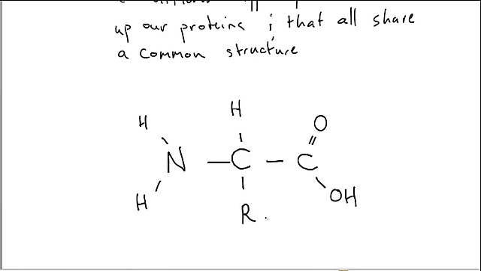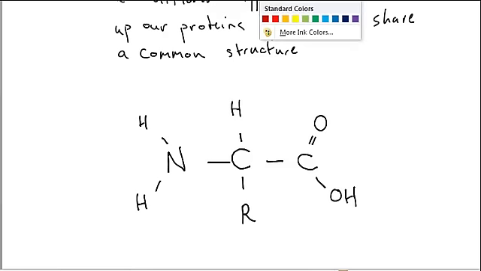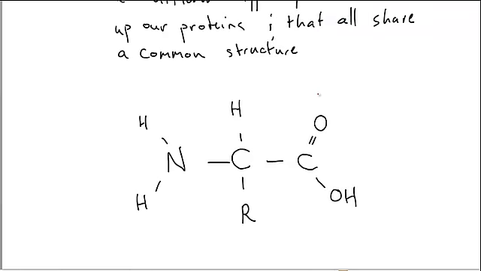group. Okay. And if we take a closer look at these groups, first of all, here the carboxyl group is actually what's called carboxylic acid, hence why I chose red.